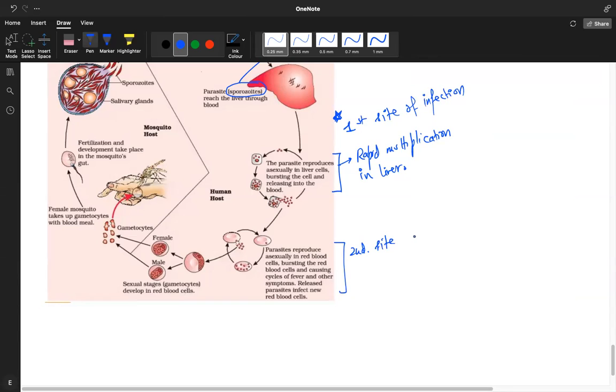Tell me, complete, Meenakshi, what happens? In the blood, it again reproduces asexually. Yes, and it causes fever and all. So why is it that in malaria one of the symptoms is a cyclic, periodic chill? You can actually time it.